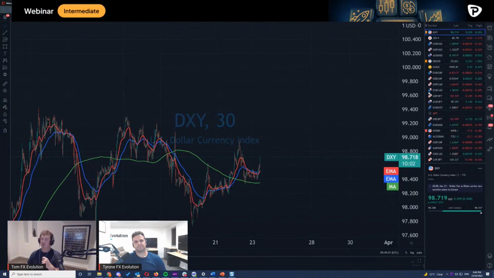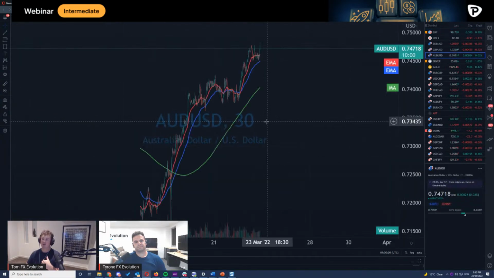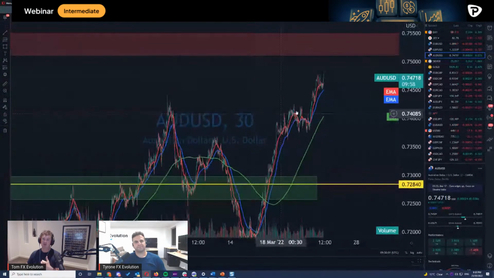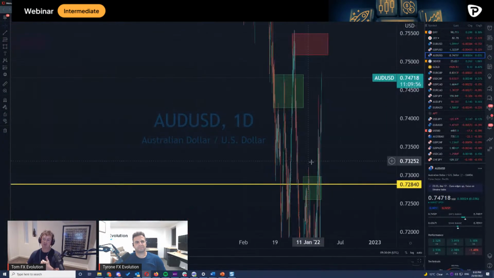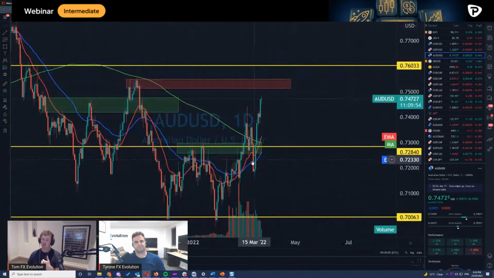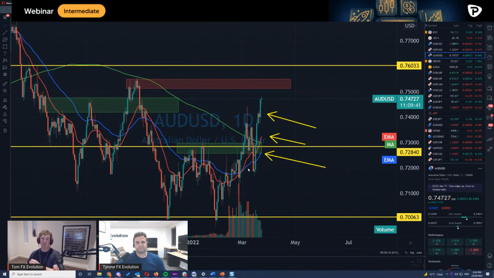We would type in odd US dollar and see how the Australian dollar has been going in comparison to the US dollar. If the odd has been stronger, which it has, so relative performance is very good here on the odd, then we know that the US dollar yen is breaking out. Would the odd yen potentially be the stronger trade? The answer is generally going to be yes.